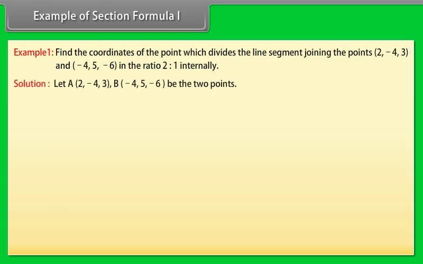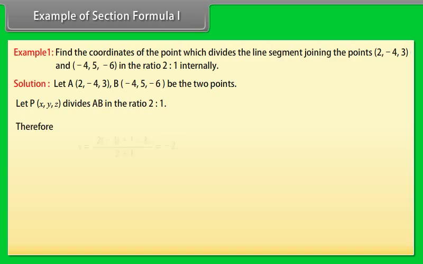Solution. Let A (2, -4, 3) and B (-4, 5, -6) be the two points. Let P (x, y, z) divide AB in the ratio 2:1.